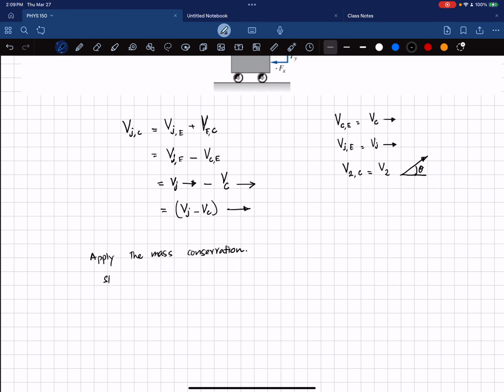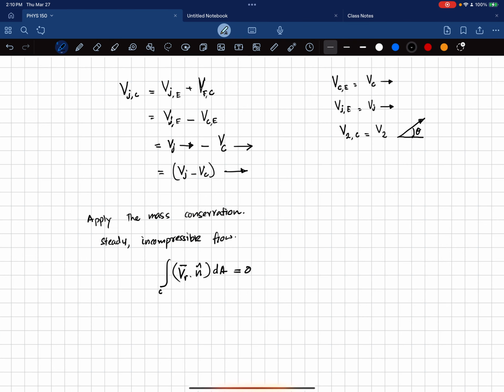For steady, incompressible flow, you get this equation: the integral of Vr dot n dA equals 0, right? So that's for the control surface.